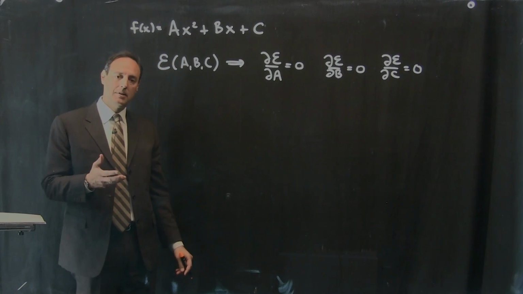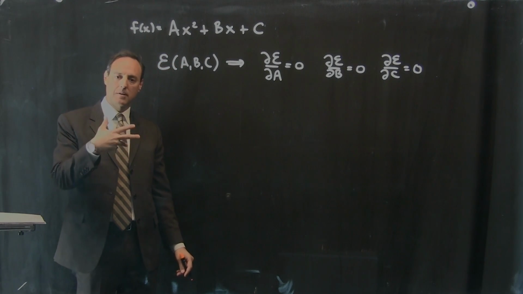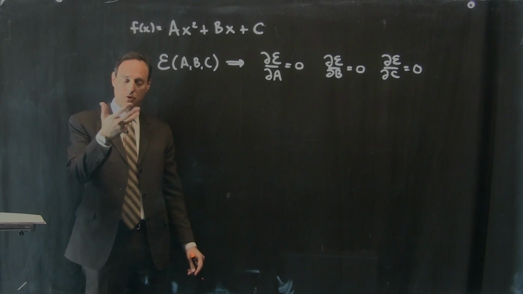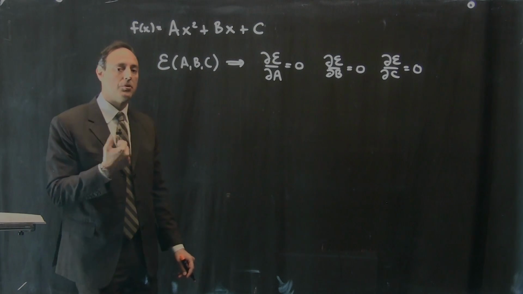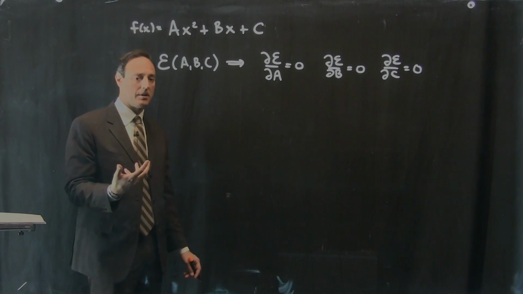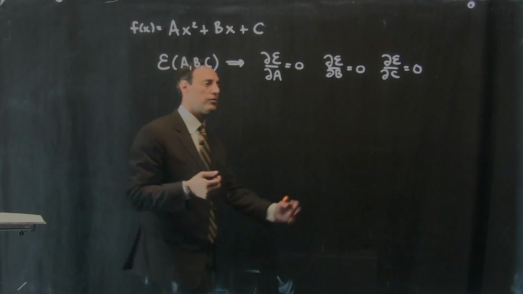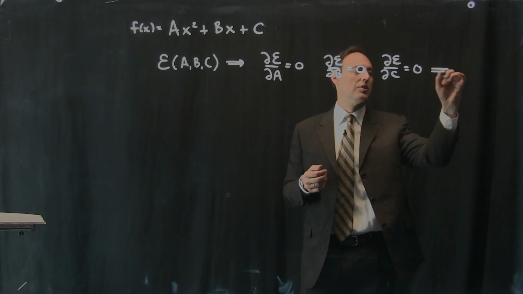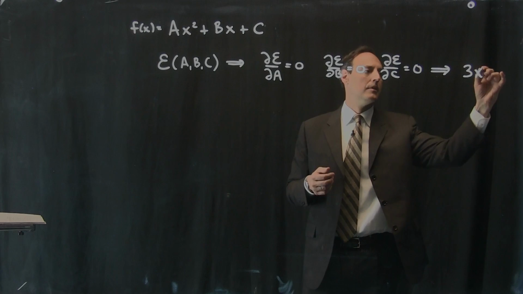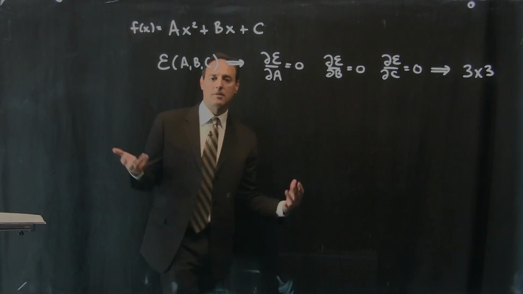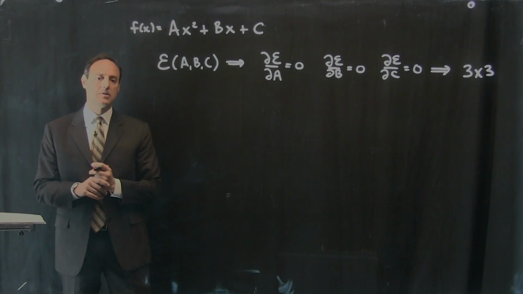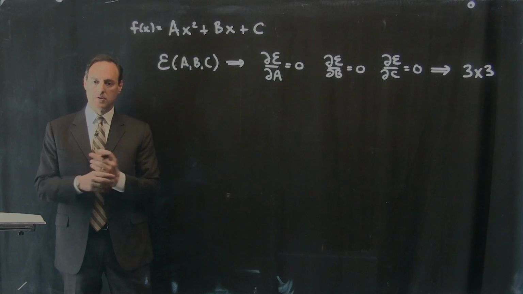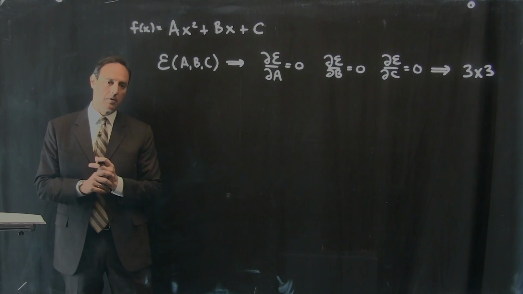So you minimize that error with respect to these parameters by simply computing the derivative, and it's a very simple process to do. What this results in is not a 2x2 system, but now a 3x3 linear system of equations that is easily solved using whatever method you'd like.